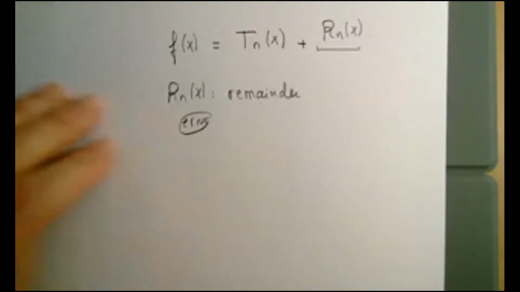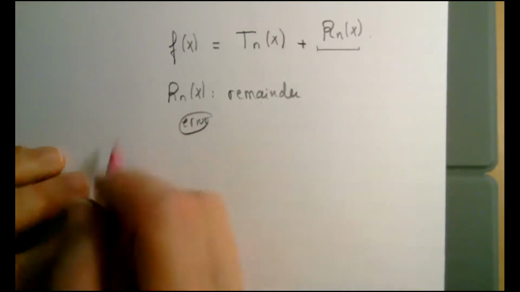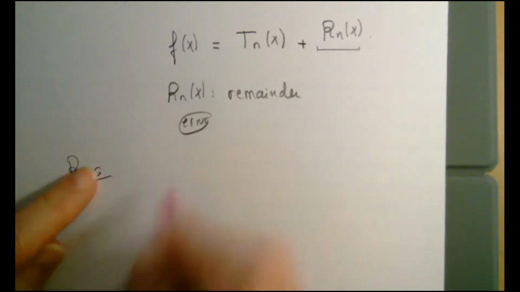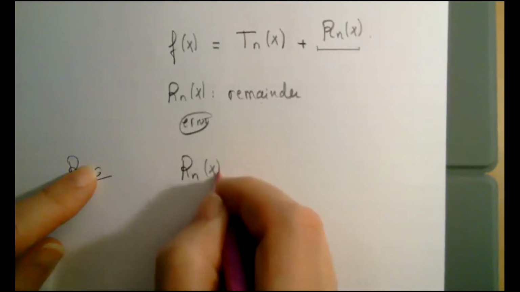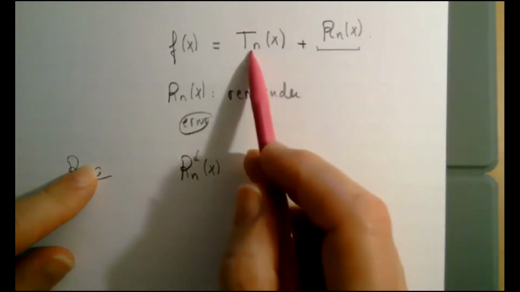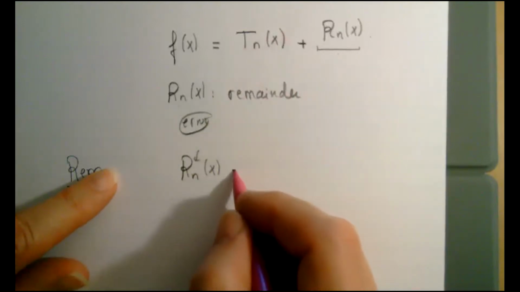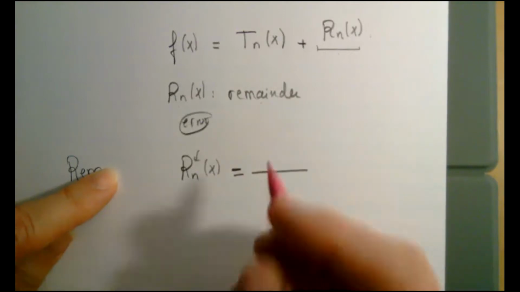And there is a formula that tells me how good the remainder is. There is something called the remainder formula. The remainder formula tells me, let us say I'm approximating by the 3rd degree or the 4th degree, the remainder is given by the following formula.